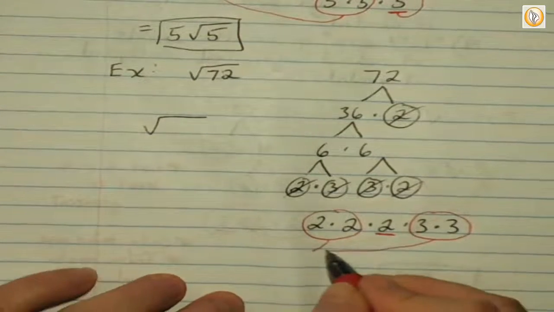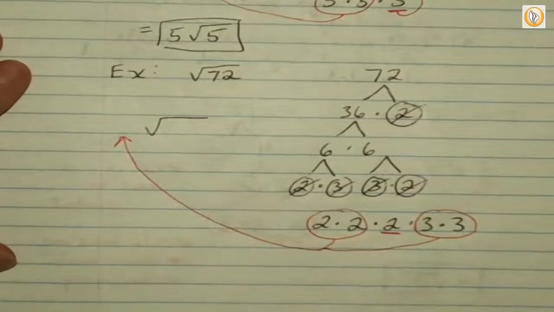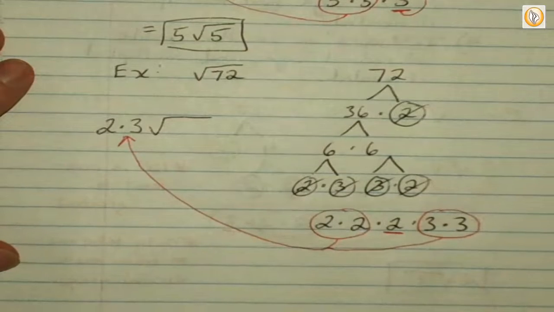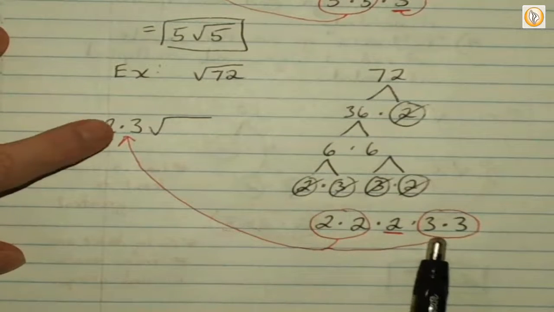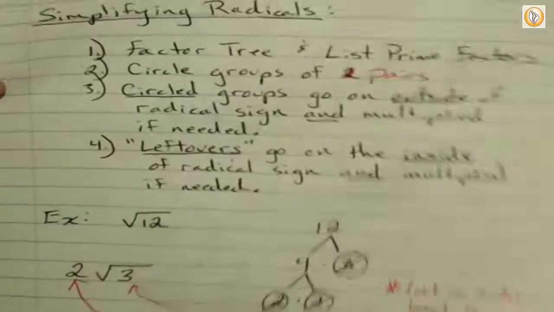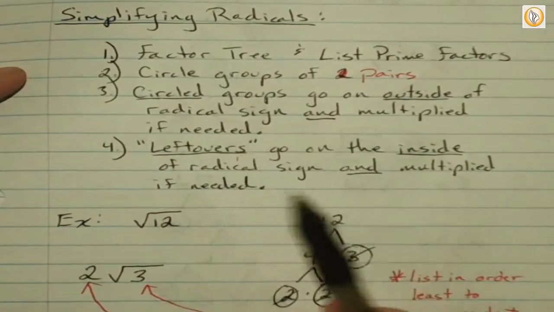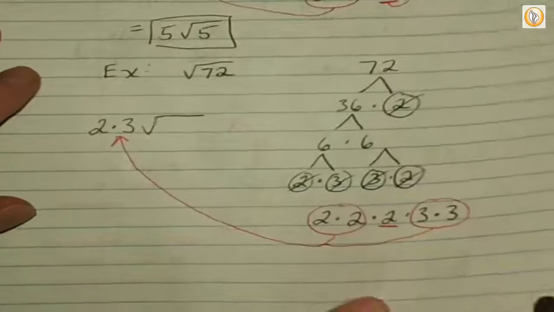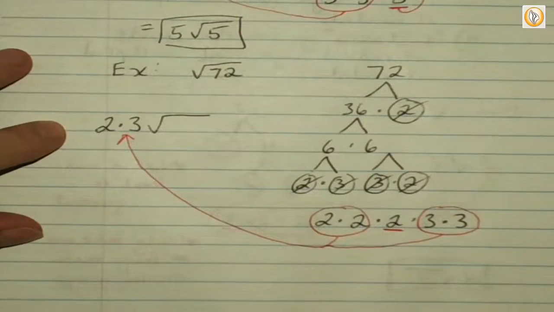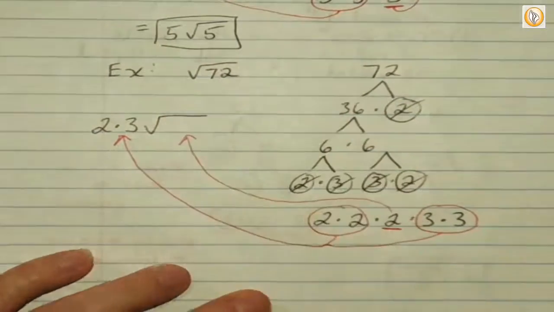I'm going to take 1 from each pair, put it on the outside, and I write it 2 times 3. And remember, we're multiplying, as steps 3 and 4 say. If you have more than one number on the outside or inside, you multiply them. And this lone 2, this leftover, goes inside by itself.